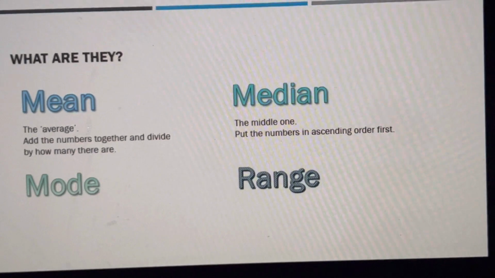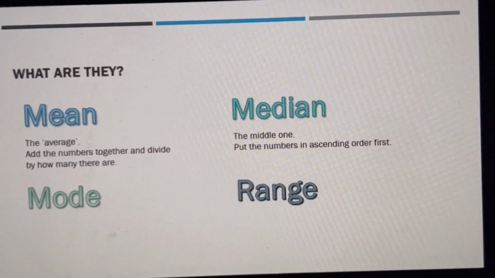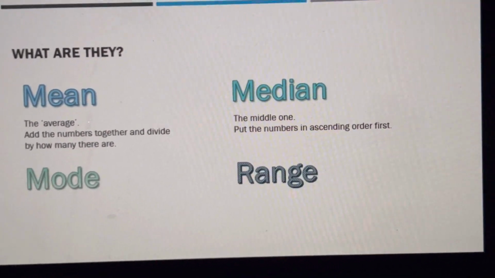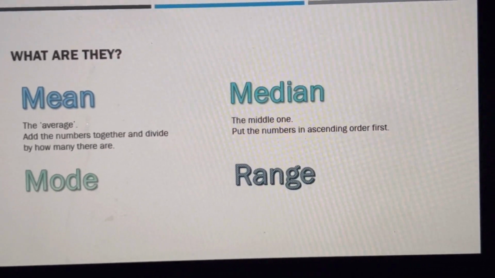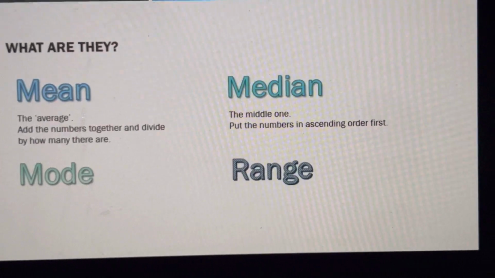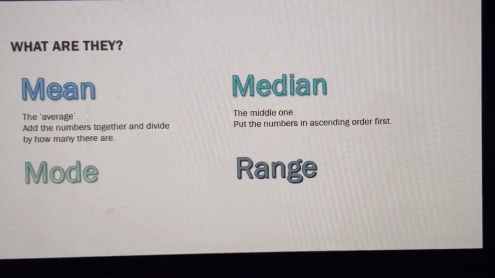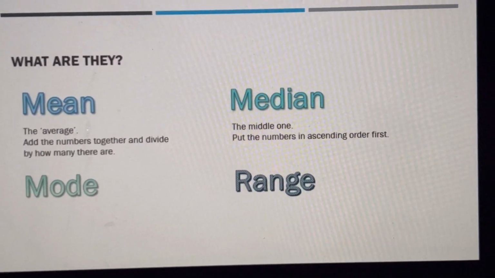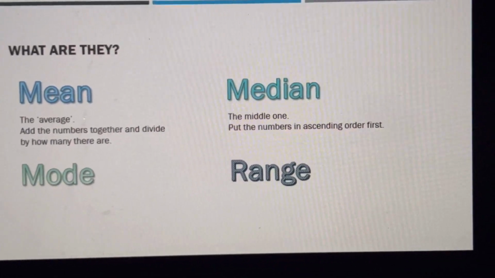If we have an even set of numbers, so if it was a list of 10 numbers, then we'll have 2 values in the middle. In that instance, what we need to do is add them together and divide by 2, because what we want to do is find the middle between those 2 values. We will look at an example of that.